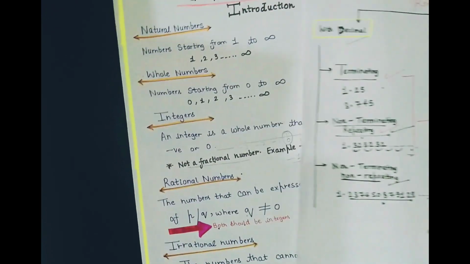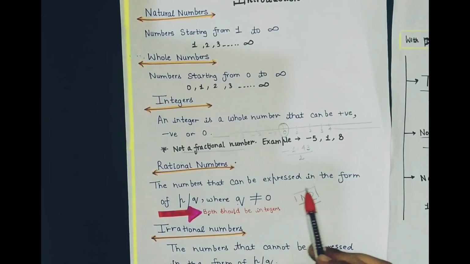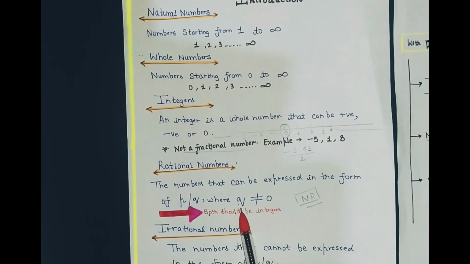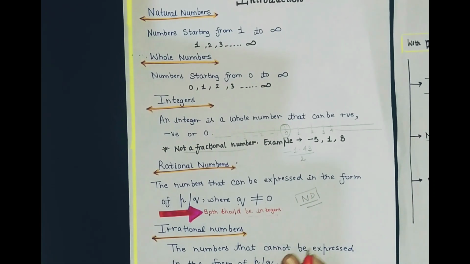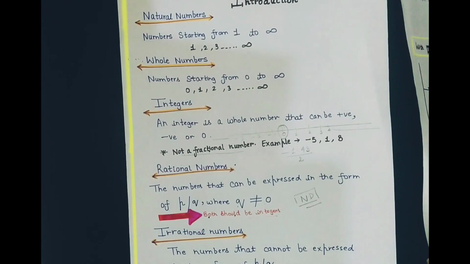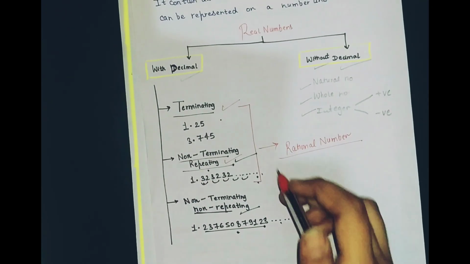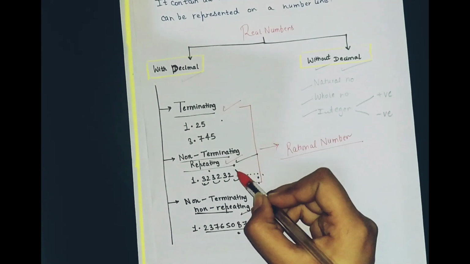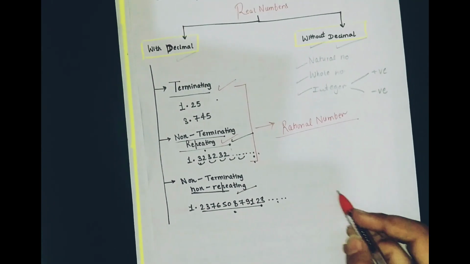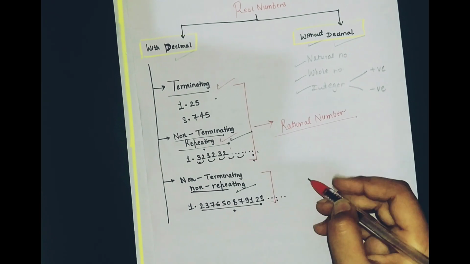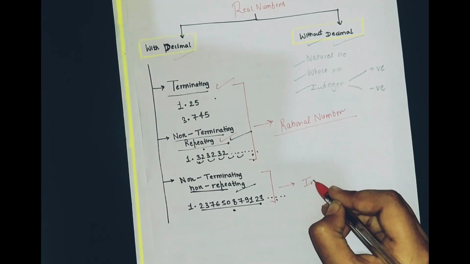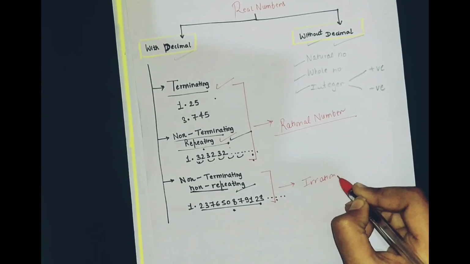As we studied, rational numbers are the numbers that can be expressed in the form of p by q, where q should not be equal to 0, and both of them should be integers. So under rational numbers, the subheadings are terminating and non-terminating repeating. And what is non-terminating non-repeating? It is known as an irrational number.